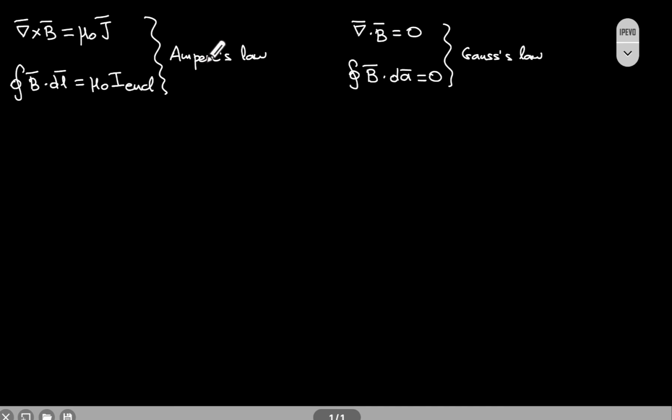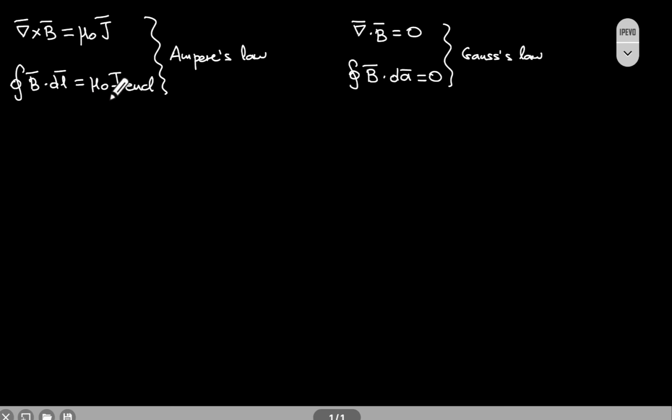Now, for Ampere's law, actually Ampere's law is useful. One way that you can use it: if you're given B, if you know what the magnetic field is, then you can calculate the curl of B and then obtain the current density.